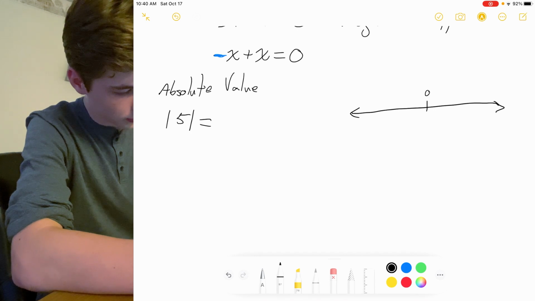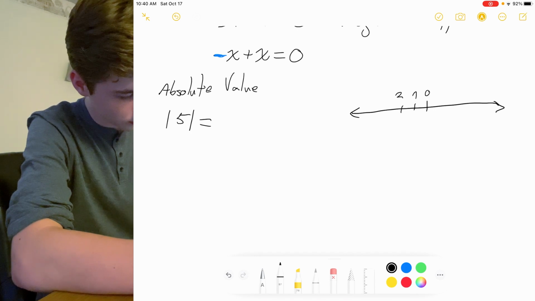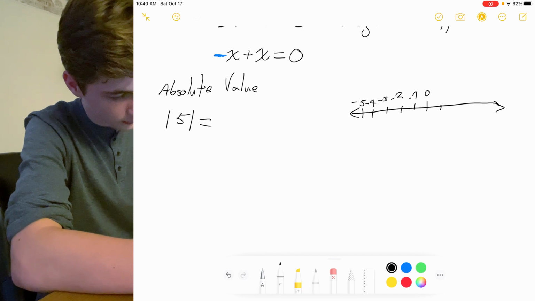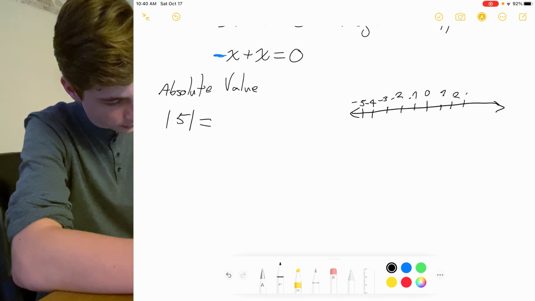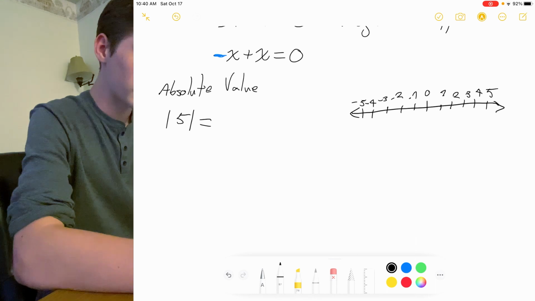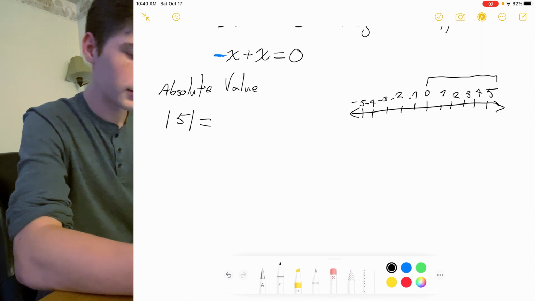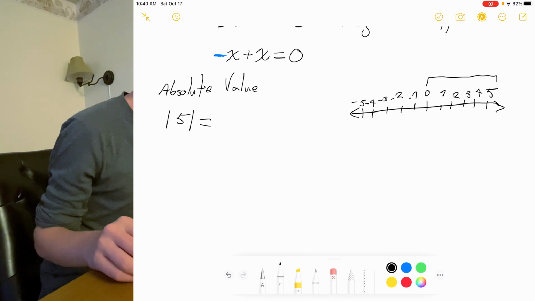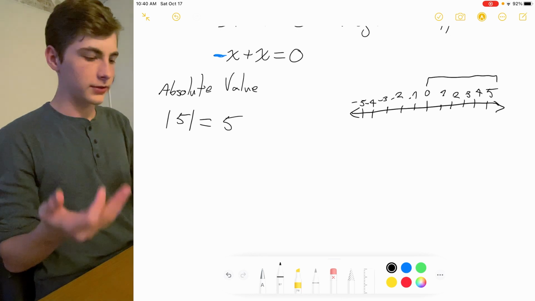So if we say 0, maybe there's 1, 2, 3, 4, 5. These are all negative. And this is 1, 2, 3, 4, 5 in this direction. How far is 5 away from 0? So what is this distance? Well, it's 5, right? It's always going to be that exact number there. So the absolute value of 5 is 5.